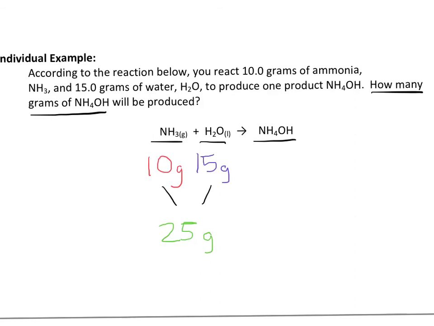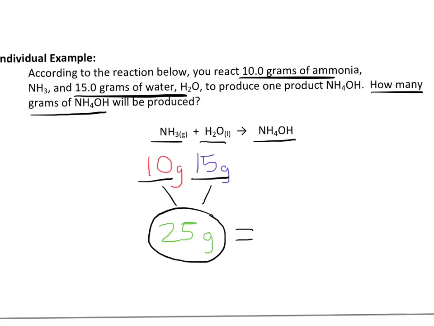So once again, our question says that we react 10 grams of ammonia and 15 grams of water. So that means that the total mass of our reactants is 25 grams. And again, according to the law of conservation of mass, we said that the mass of the products has to equal the mass of the reactants.